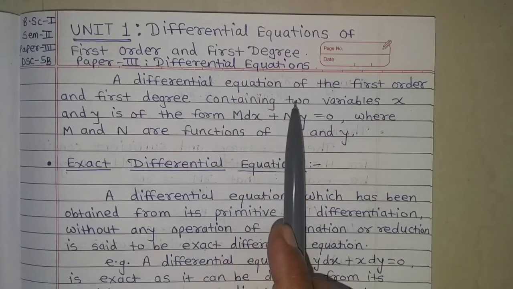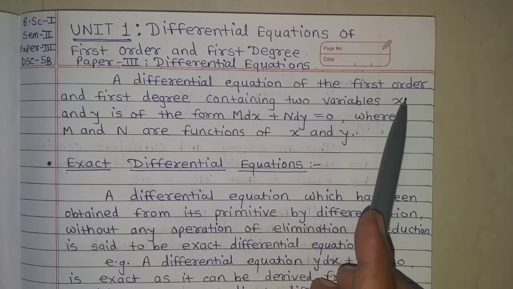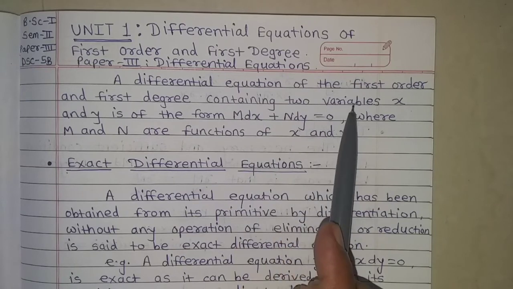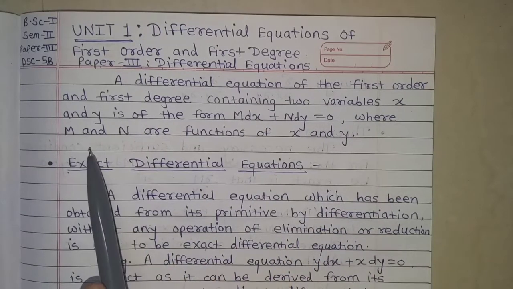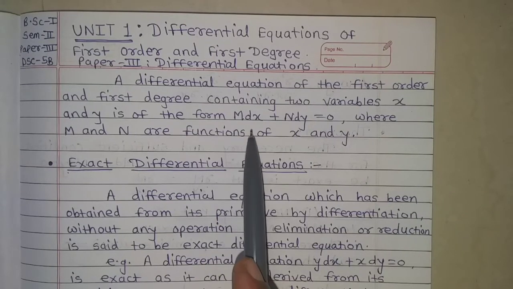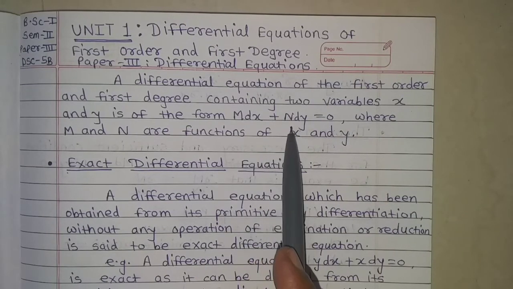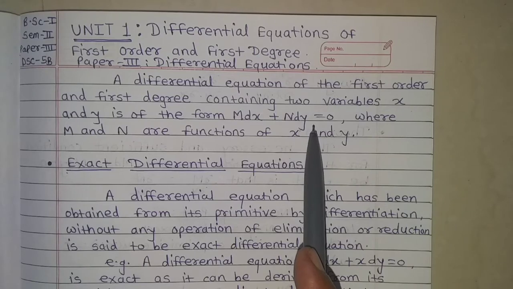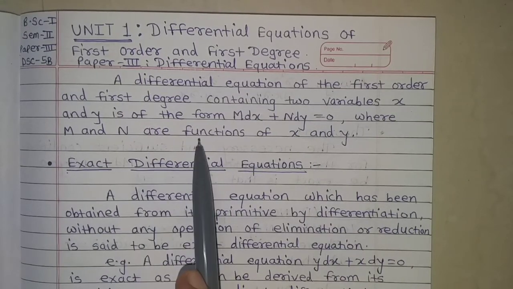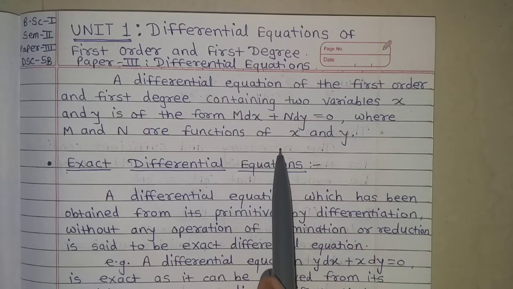A differential equation of the first order and first degree containing two variables x and y is of the form m dx plus n dy equal to 0, where m and n are functions of x and y.